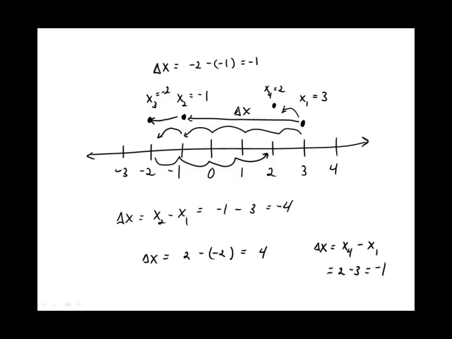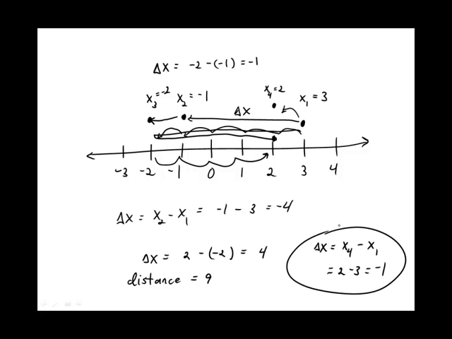So my displacement there is negative 1, but if you look, I have moved 1, 2, 3, 4, 5, 6, 7, 8, 9 units. So my distance that I have traveled is equal to 9 units, but my displacement from 1 to 4 is only negative 1 units.